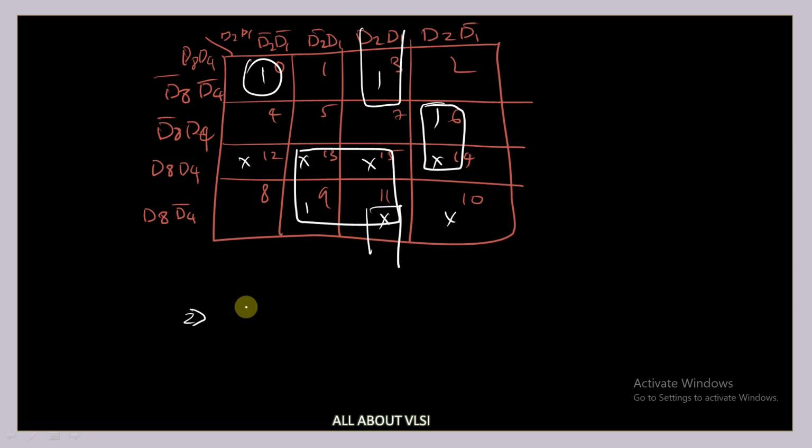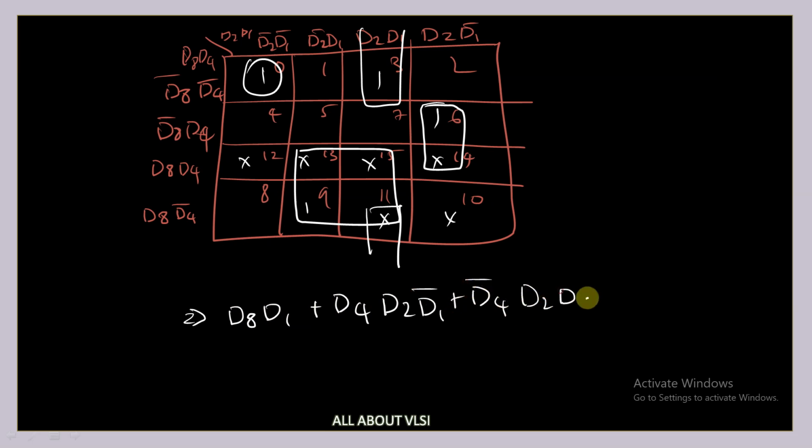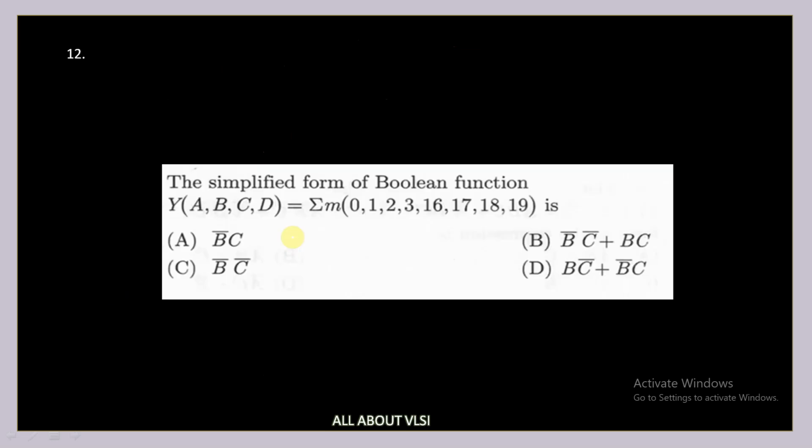So my final answer will be D8 D1 plus D4 D2 D1 bar plus D4 bar D2 D1 plus D8 bar D4 bar D2 bar D1 bar. So this is my final answer.